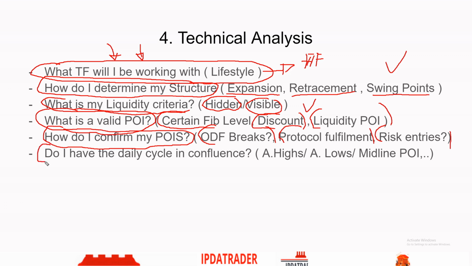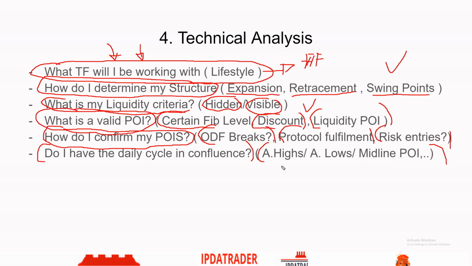Next thing you want to be asking yourself, do I have the daily cycle in confluence? We all know what this means: Asia highs, Asia lows, Frankfurt raids one side, and all that sort of stuff. All this information that you have available at your fingertips, you need to be implementing those ideas into your trading plan.